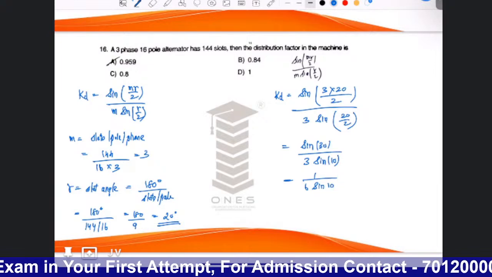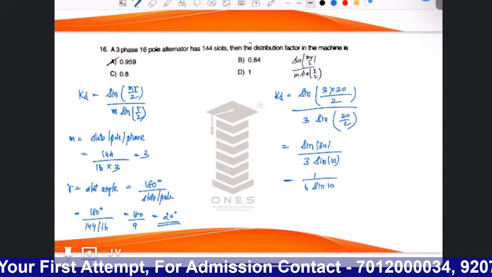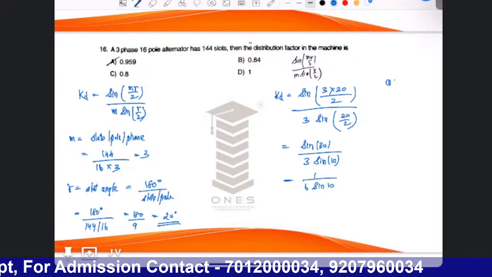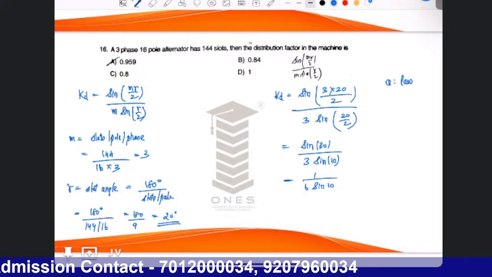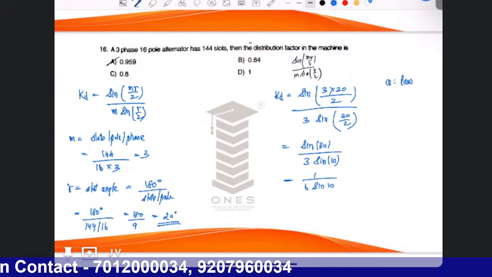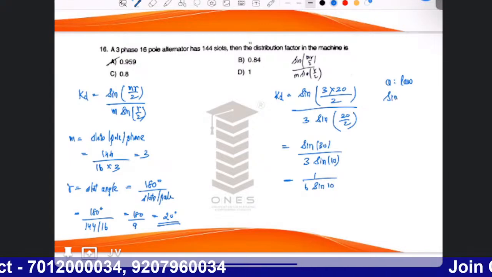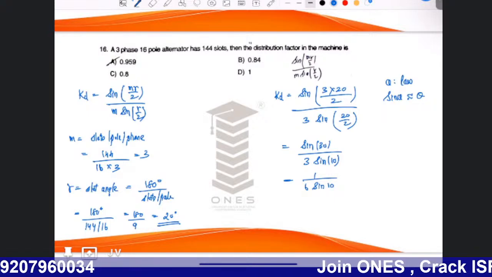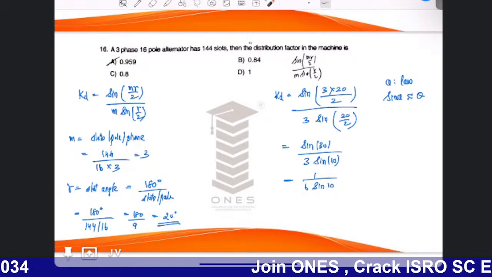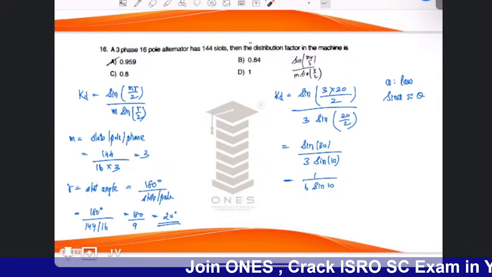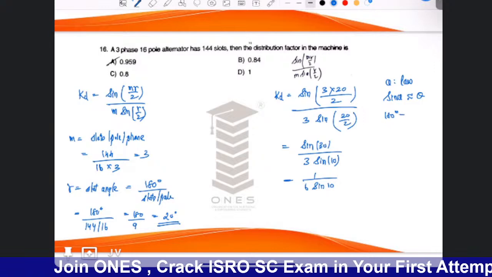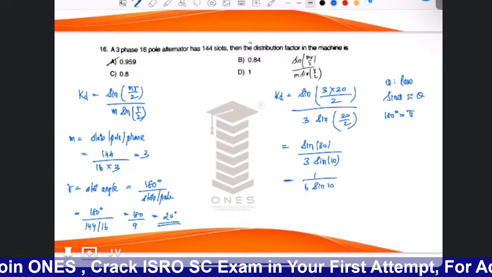Okay. So sine 10 value we don't know. But we can approximate it: when angle theta is very low, sine theta is approximately equal to theta. Okay, so it is in degrees, so first we have to convert it into radians. So 180 degree is equal to pi radians.